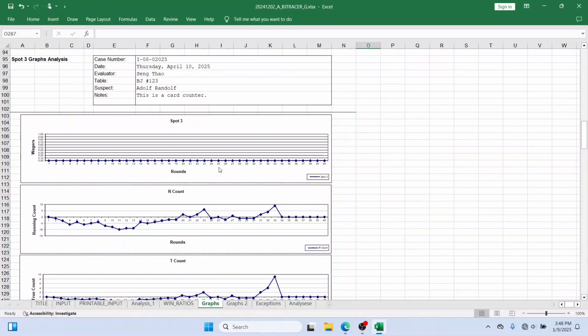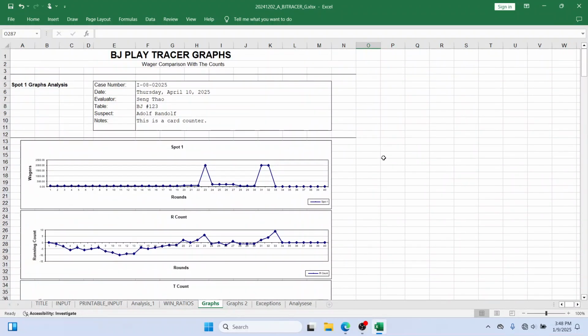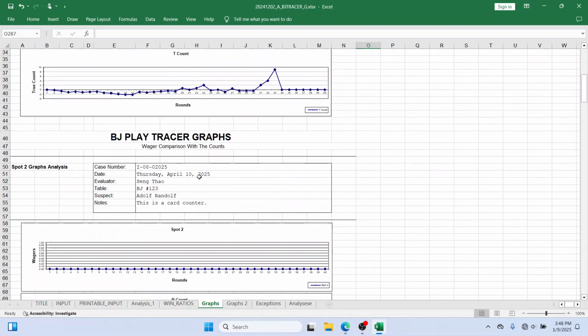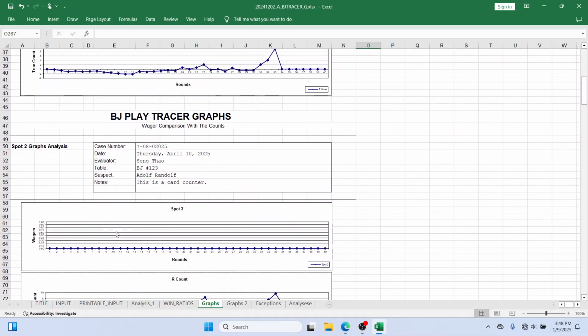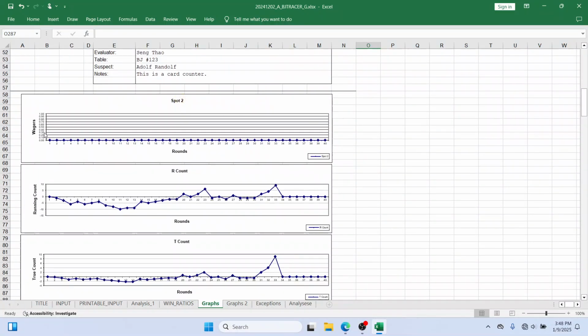This is very valuable when you're analyzing blackjack players, especially when we're talking about team play. If there's a card counting team sitting at the same table, playing on different spots, you can look at this and see if the other players' betting patterns also match the running count and the true count.